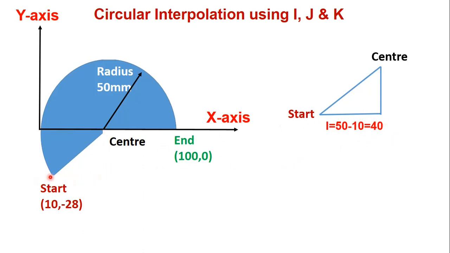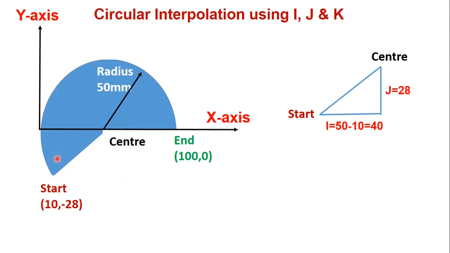What about this one, from here till here? I want to know this distance. That is nothing but minus 28 minus 0, as the Y coordinate of the center is 0, so we get 28 as the answer. Now why positive 28?